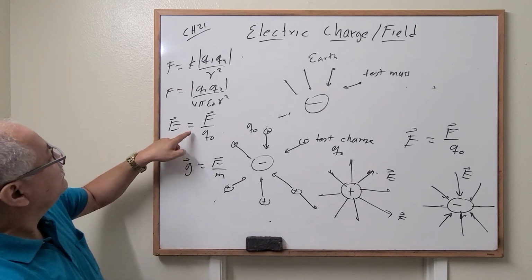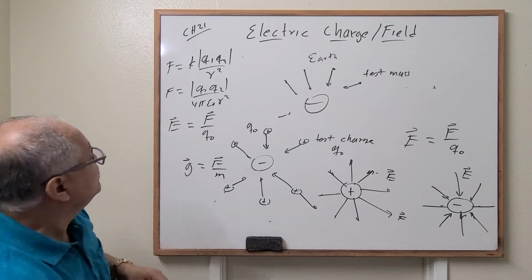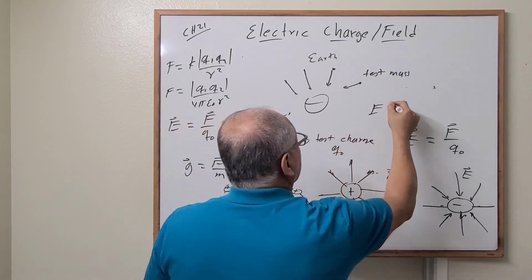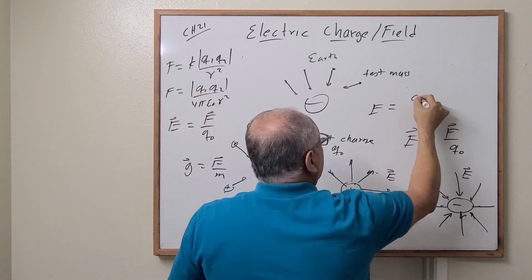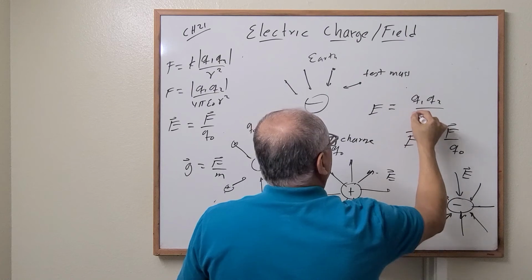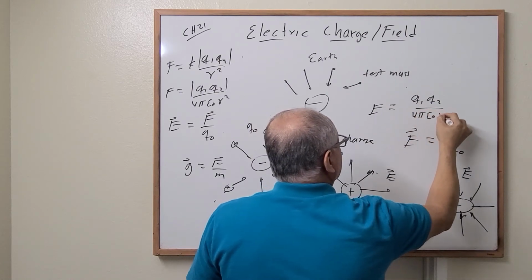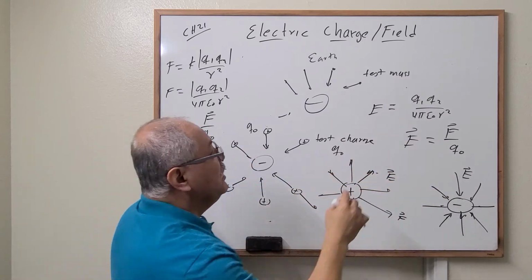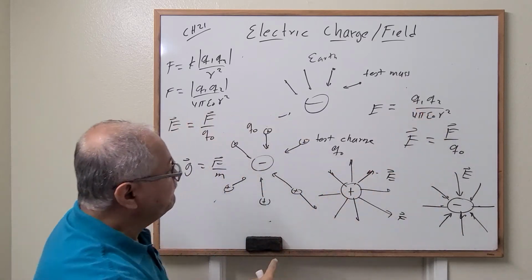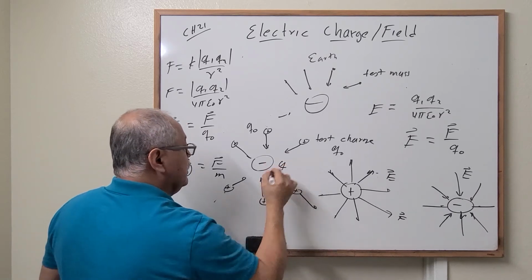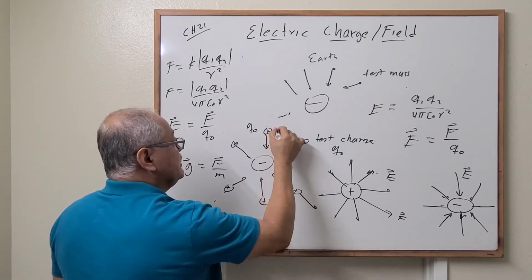Now what happens if you want to use Coulomb's law? Well, let's do it. The electric field, now let's use the magnitude, is equal to Q1 Q2 divided by 4 pi epsilon naught r squared, but also divided by q naught. In this case, we represent a point between two charges. One more time, imagine now this is Q1, let's say, and this is q naught.